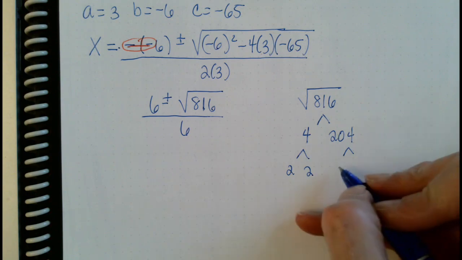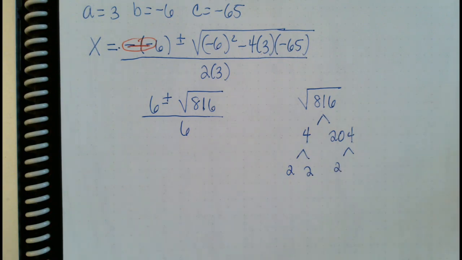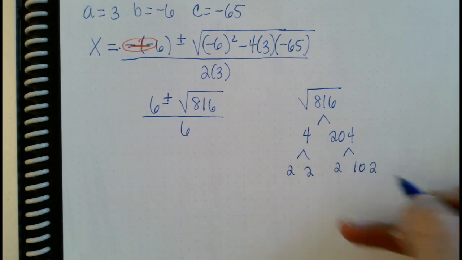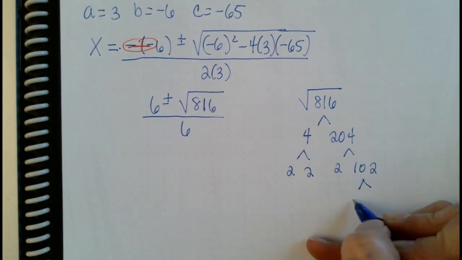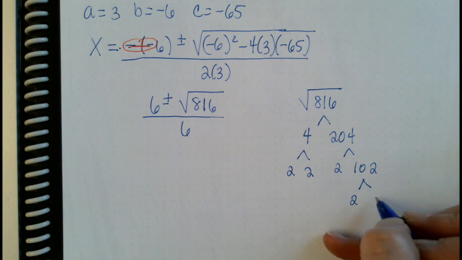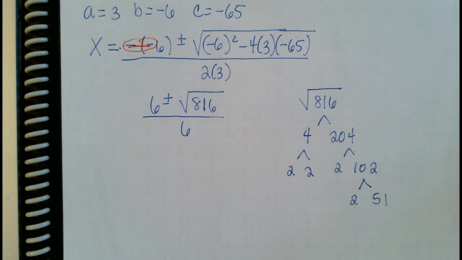And then 204 is 2 times 102. And I'm going to keep dividing. Let's do by 2. And 51. And I'm going to leave it in that format. 51 actually does have more factors than 1 and 51.